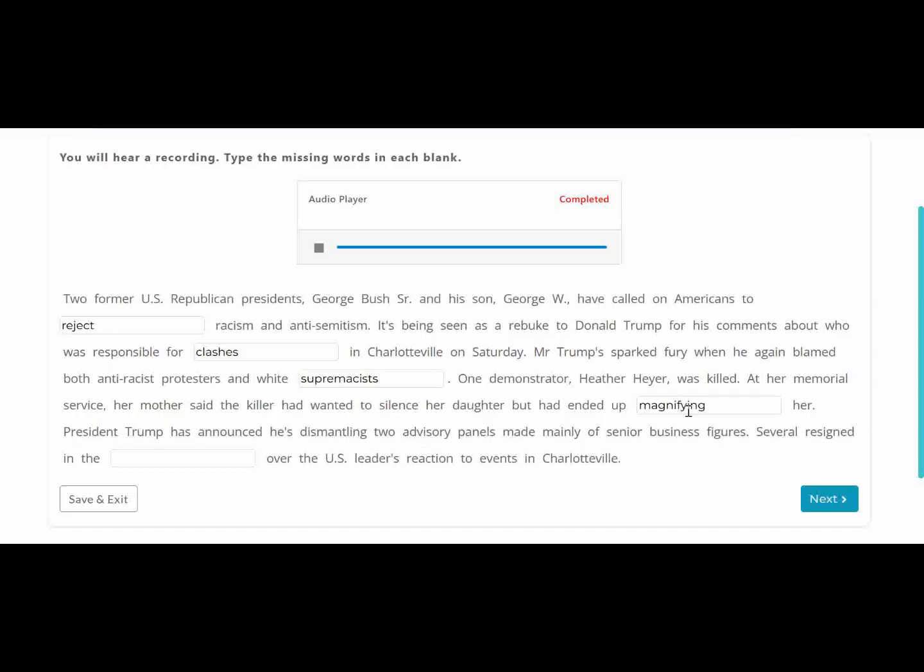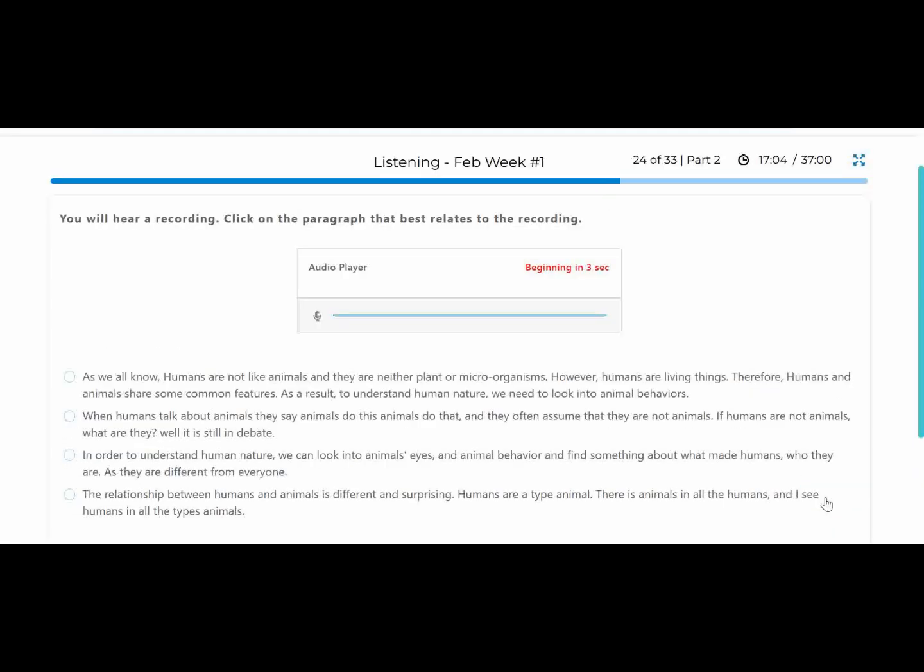M-A-G-N-I-F-Y-I-N-G. Magnifying. And the last one is controversy. C-O-N-T-R-O-V-E-R-S-Y. Reject, clashes, supremacists, magnifying. Check your spellings of magnifying. And the last one is controversy. C-O-N-T-R-O-V-E-R-S-Y. So this is the highlighted correct summary.